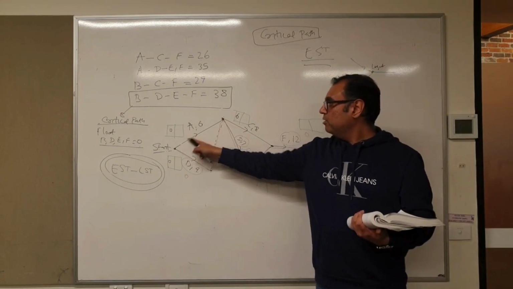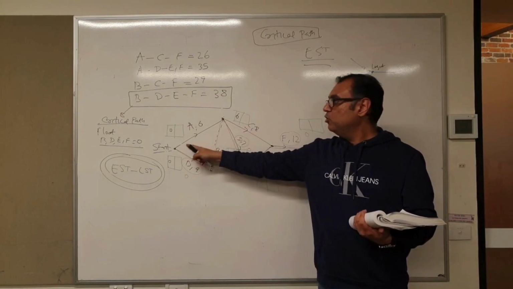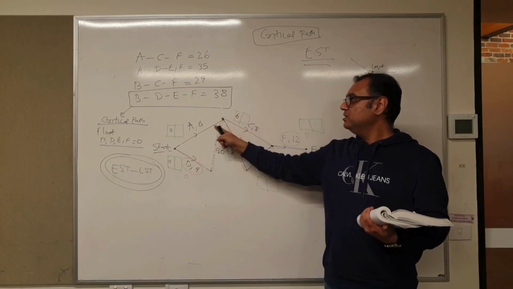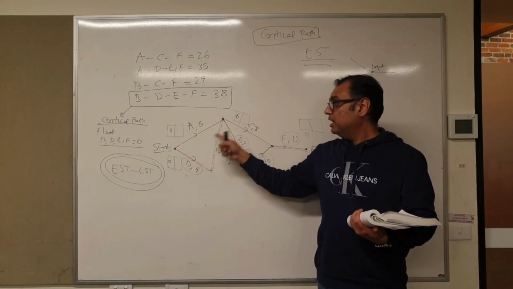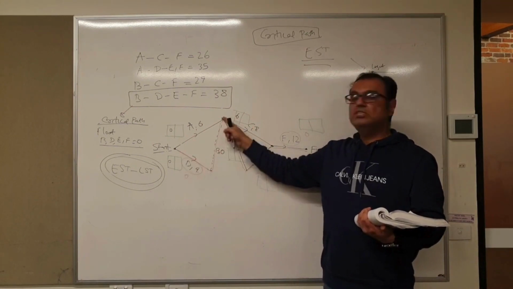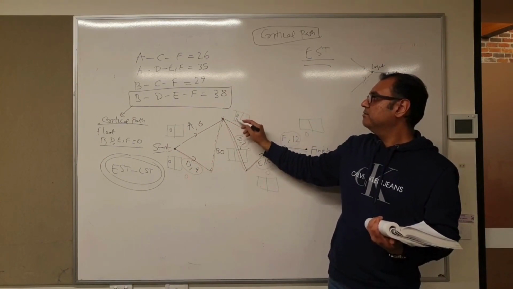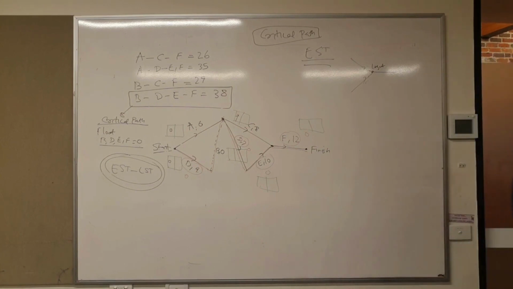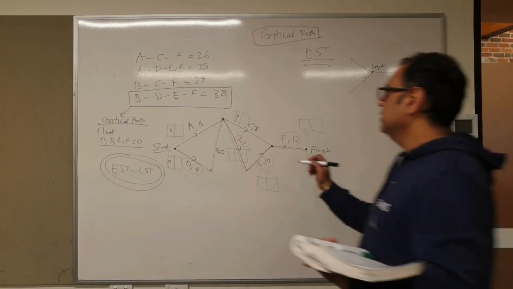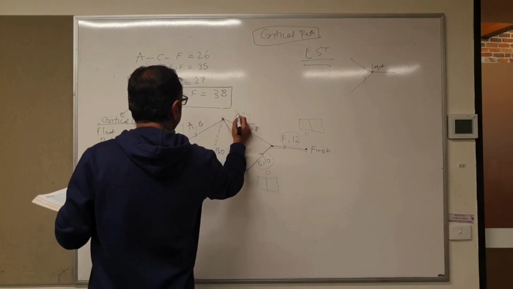To reach C, you go from A to C, you took 6 minutes. Another direction is you go from B to C, you took 9 minutes. So rather than writing a 6, you write a 9 here, because 9 is the largest value. All good? So this is 9.